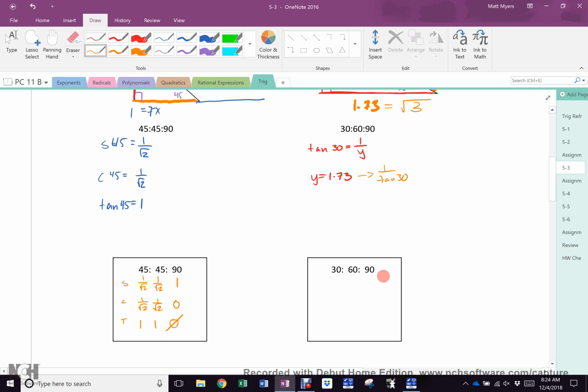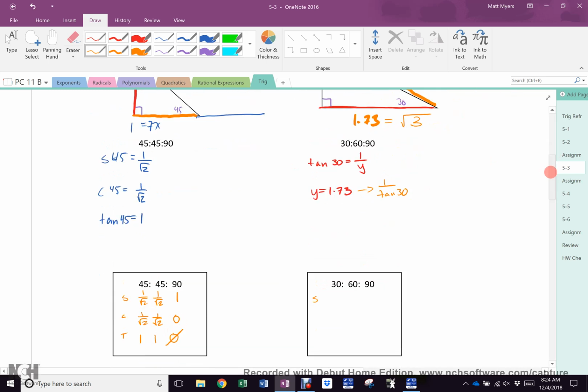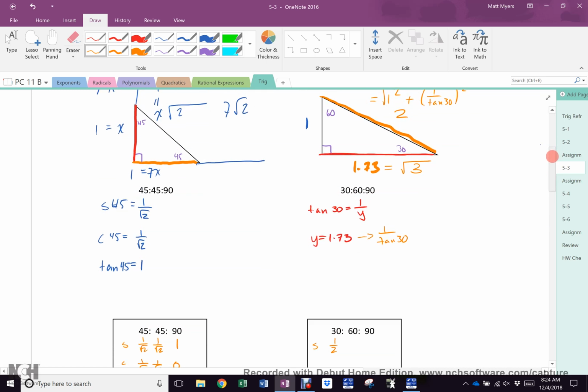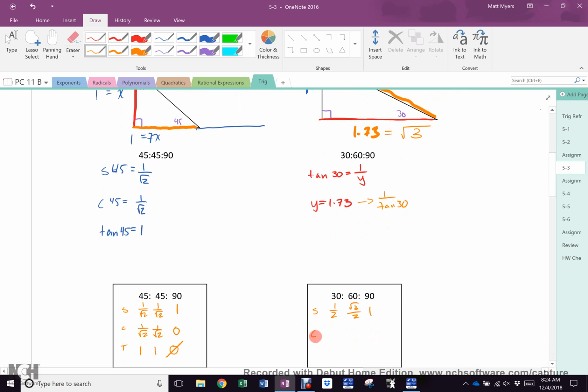30, 60, 90. What's the sine of 30? You've got it right here. One half. What's the sine of 60? Root 3 over 2. What's the sine of 90? You already know it from the other side. 1. What's the cos of 30? Root 3 over 2.